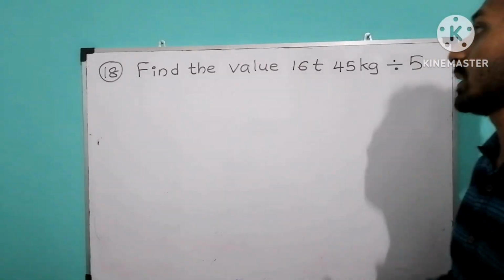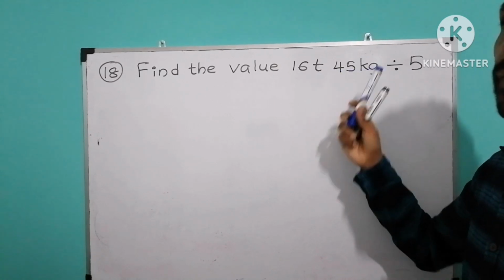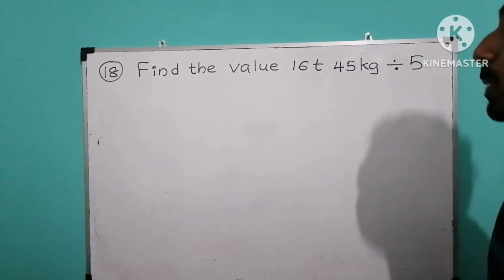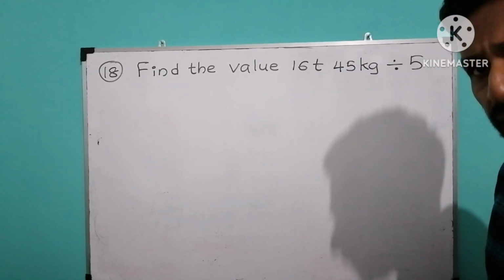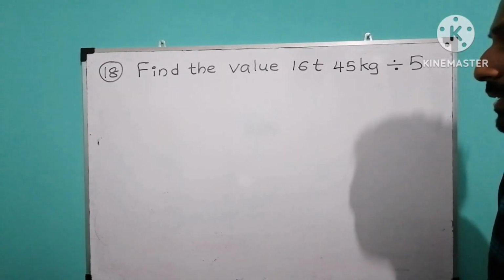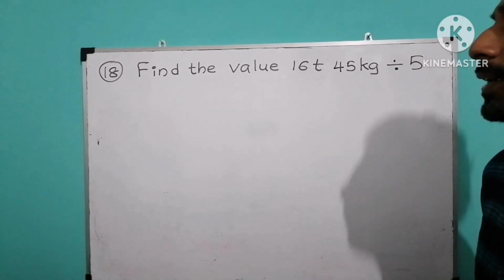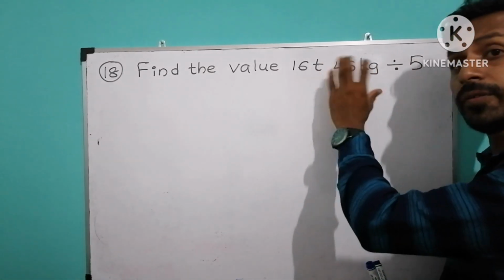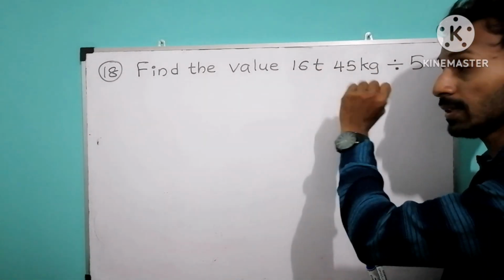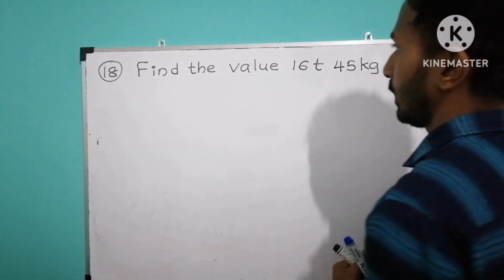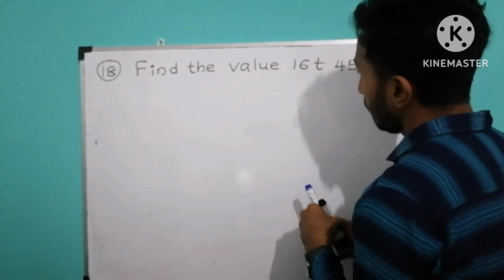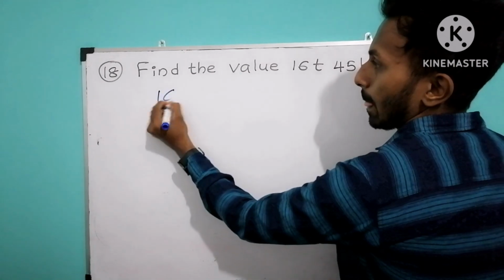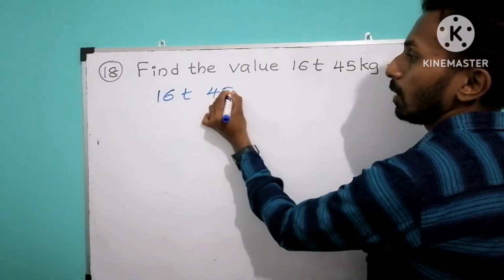Find the value of 16 metric tons and 45 kilograms divided by 5. When we divide masses, it is very easy to find by expressing the given mass in kilograms. Here 16 metric tons and 45 kilograms.